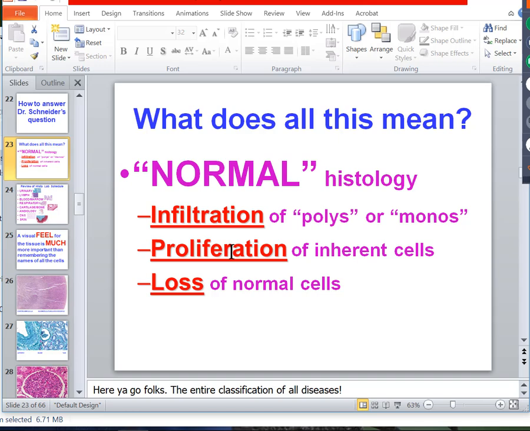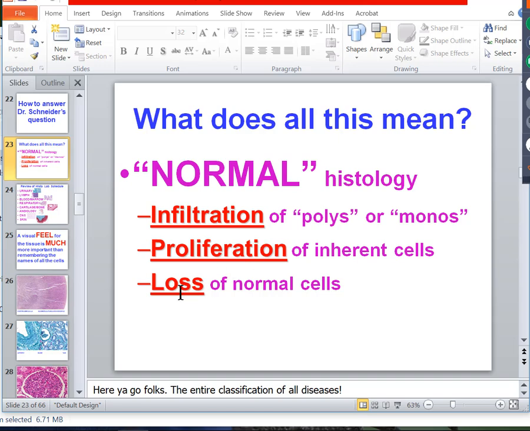If the cells that are parts of the histologic structure are increased or proliferate, then you would think this could be a neoplasm. If they proliferate to the degree at which they infiltrate surrounding tissues or even metastasize, then it's a malignant proliferation.